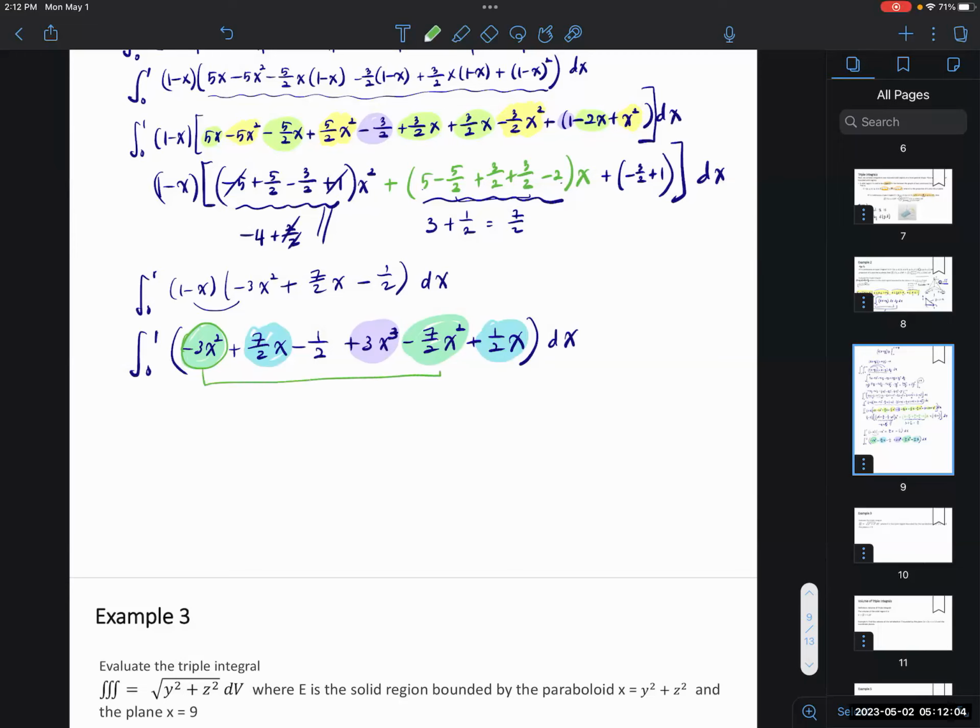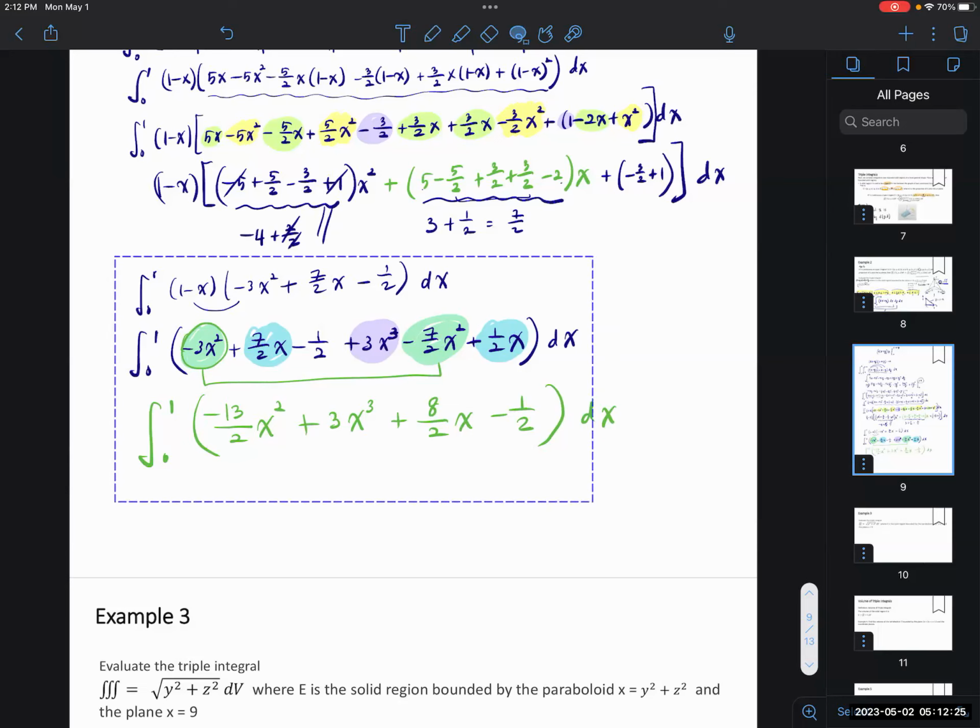So if you're adding these two, what is it? It's negative 13 over 2x squared. I have a 3x cubed plus 8 over 2x minus 1 over 2. And then 0, 1 dx. Am I correct? You can always check my work.